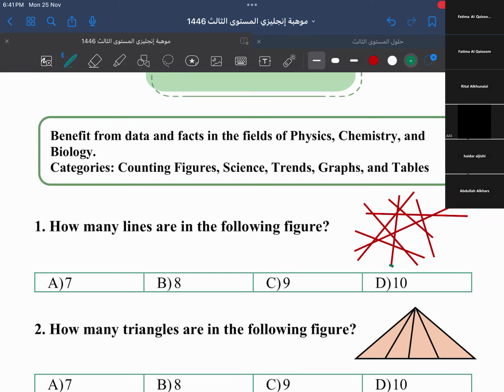Here we have 1, 2, 3, 4, 5, 6, 7, 8, 9, 10, 11, 12, 13, 14, 15, and 16. Since each line has 2 ends, I'm going to do 16 divided by 2 equals 8. You just need to make sure that you didn't miss any end of the lines, and this one is going to be easy. So the answer is 8.